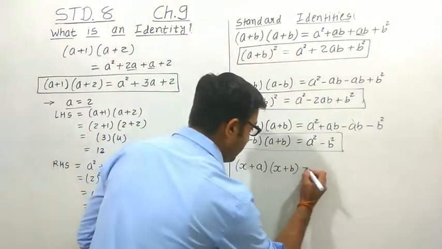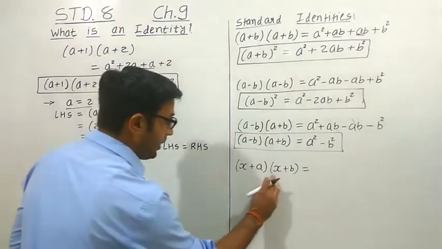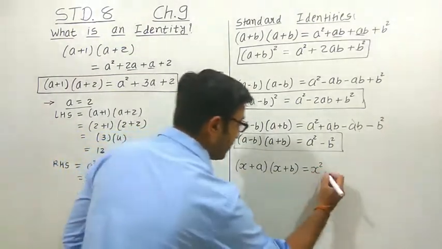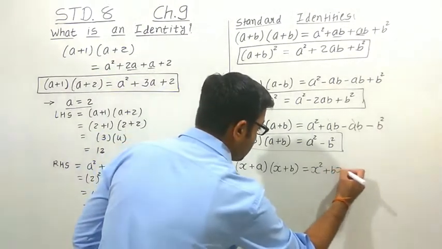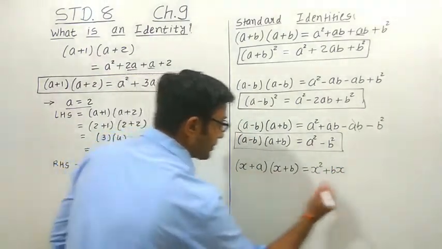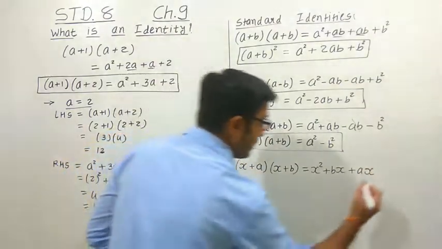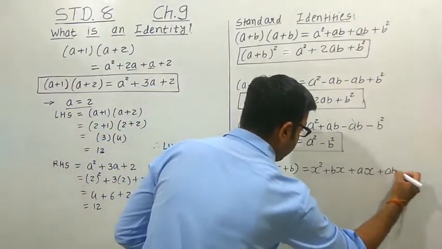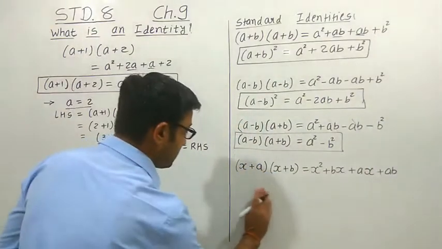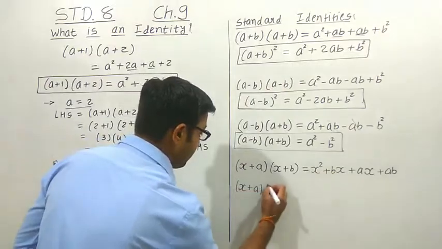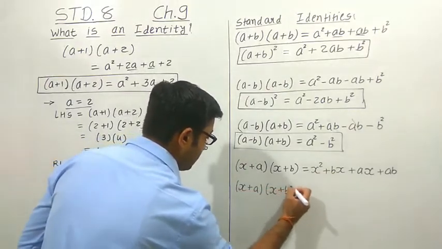So when we multiply it, what are we getting? x into x is x square. x into b, that is bx. a into x, that is ax. And a into b, that is ab. Right? So the left hand side remains as it is, x plus a and x plus b.